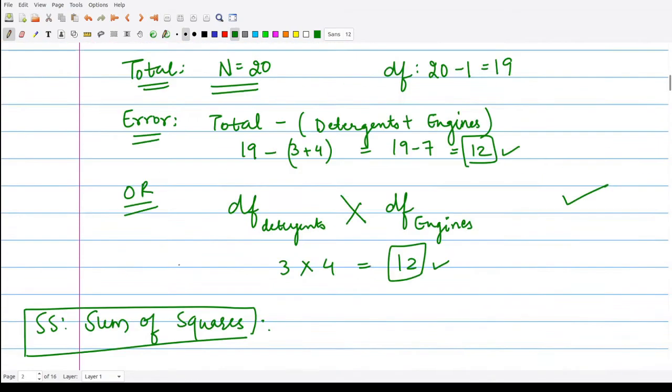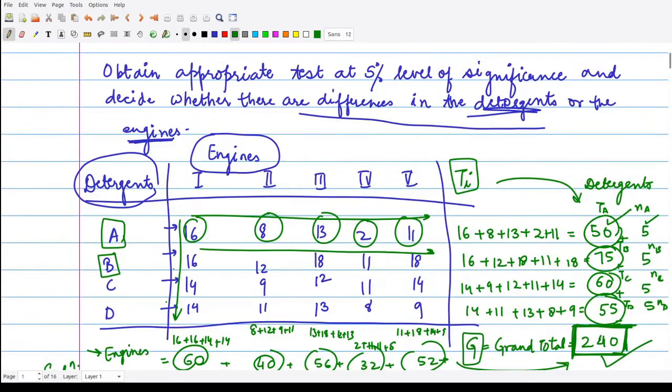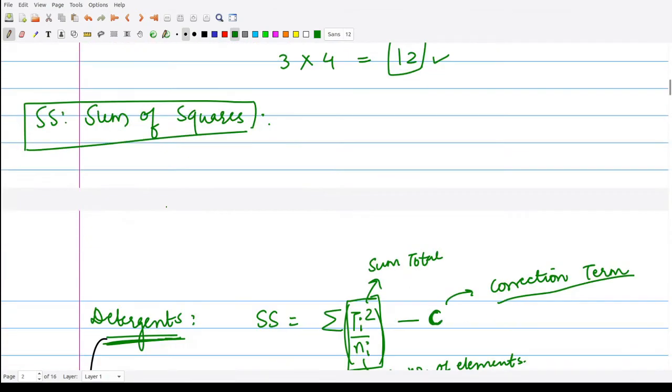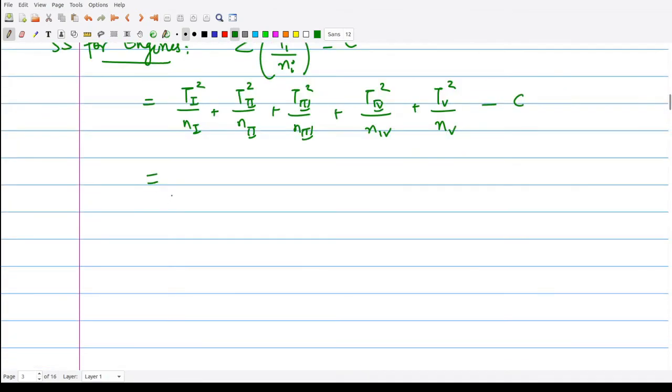Let's go back and look. For engines, this 60 represents your T1, and this is T2, this is T3, this is T4, this is T5, and the numbers here are 1, 2, 3, 4. So N1 would be 4, N2 would be 4, N3 would be 4, and N4 would also be equal to 4.